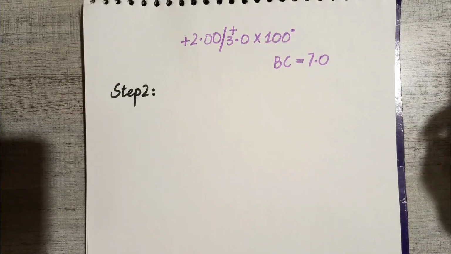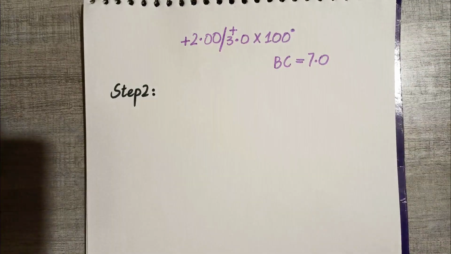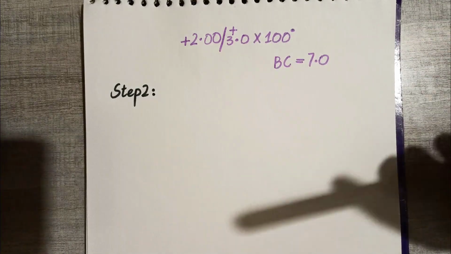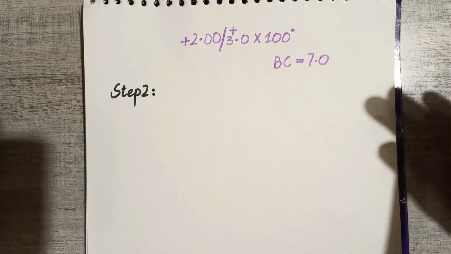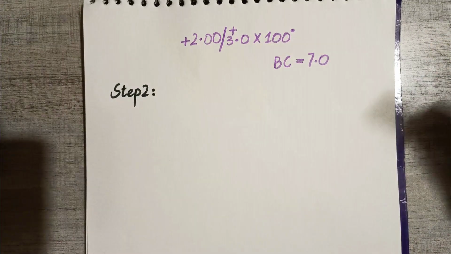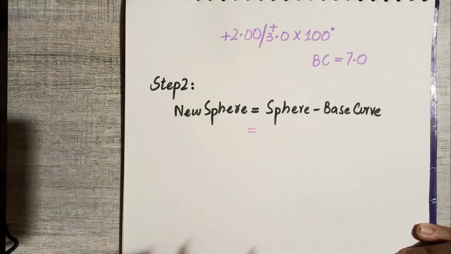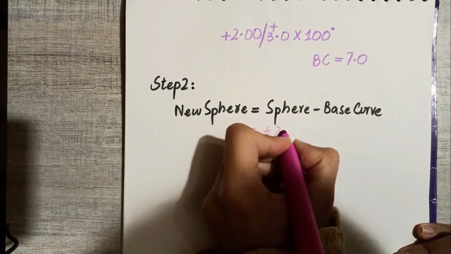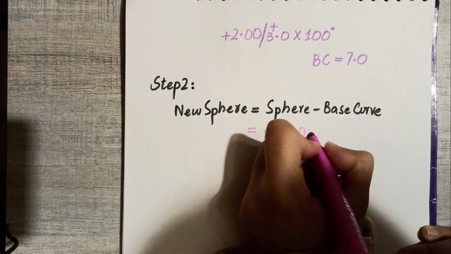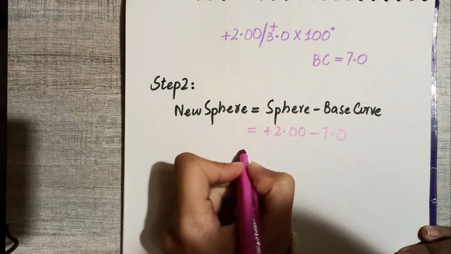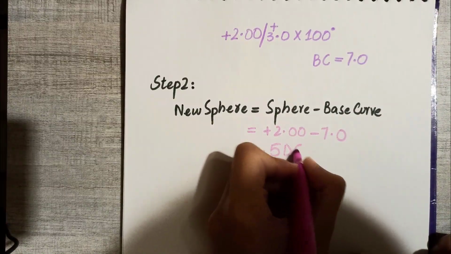Step number 1 was checking whether the sign of the cylinder and the base curve is the same or not. As now the sign of the cylinder and the base curve is the same, we will move on to the second step. This is the formula to find our new sphere. Sphere is +2 diopter and the base curve is 7 diopter, so we are left with -5 diopter sphere.